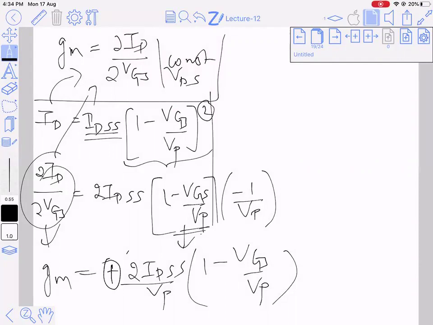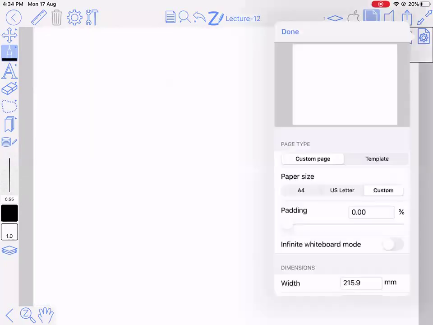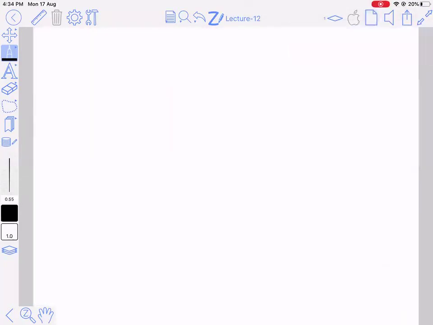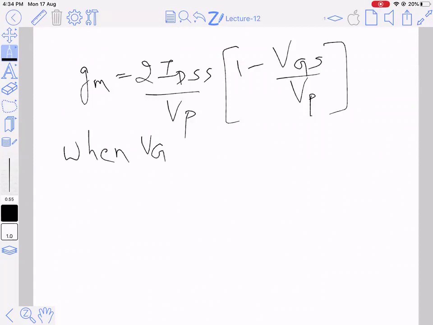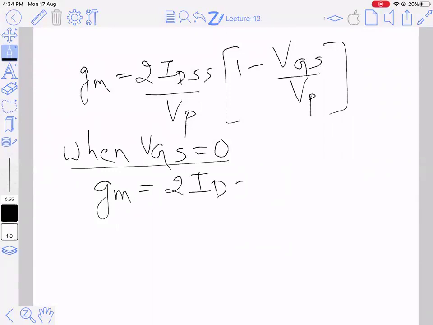So now I have the formula GM is 2 IDSS upon VP into 1 minus VGS upon VP. When VGS is 0, what will be the value of GM? 2 IDSS by VP.